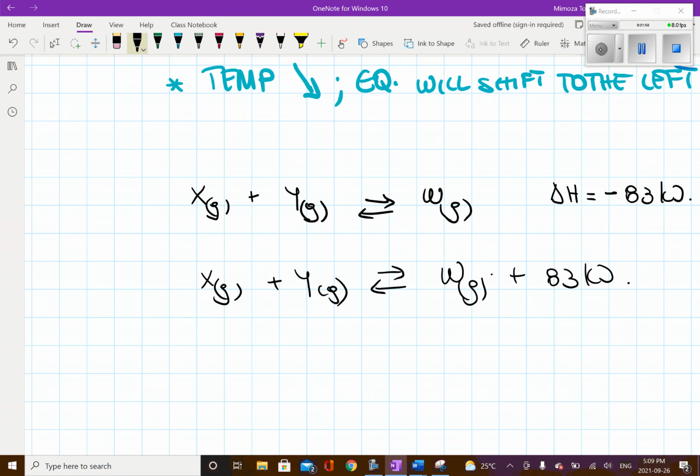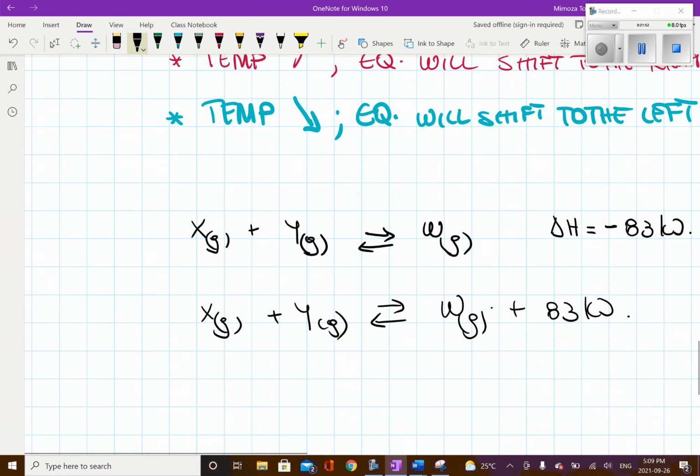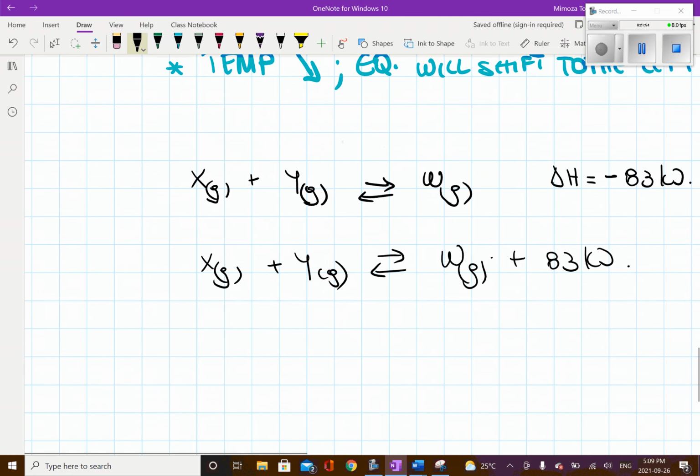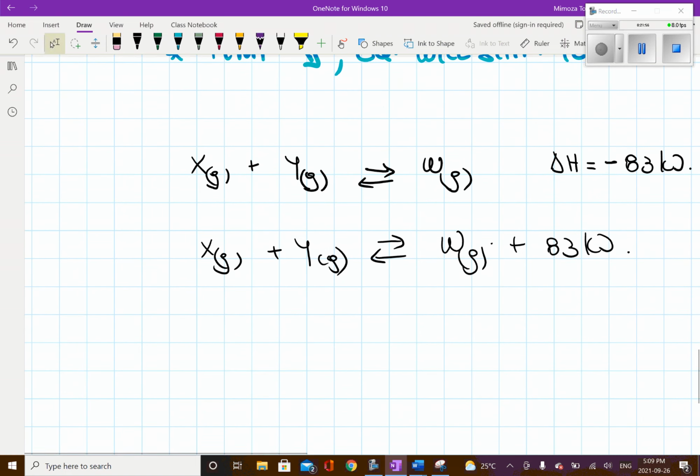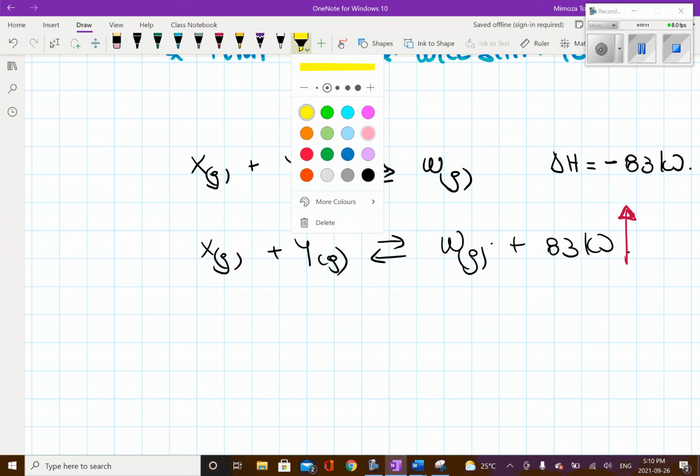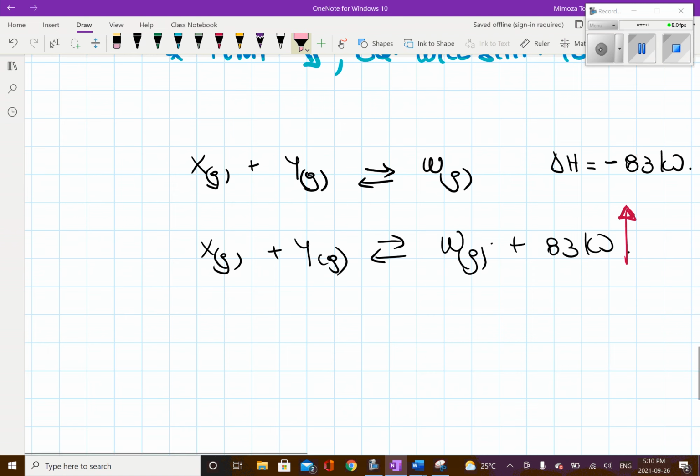And so now, again, we'll use the same color coding: when it's increasing it is red, when it is decreasing it is blue. So when you increase the heat, the system is saying, no, I don't want it to be increased. I will do whatever it takes to cancel out what you did. So the system will move to the left.